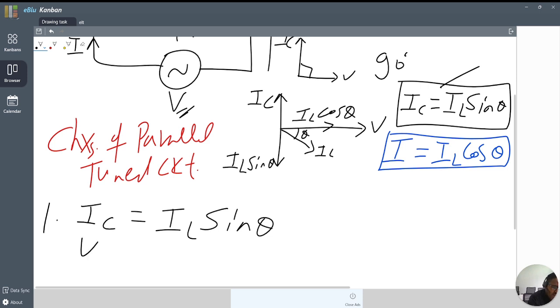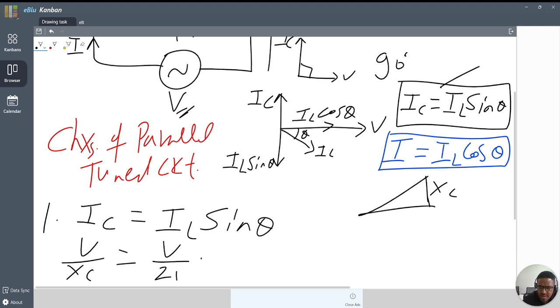IC means V over XC, equal to IL, which means V over Z1, that is the impedance of RL. Sine, from the right triangle, is XL over the hypotenuse Z1. So sine theta is opposite over hypotenuse, XL over Z1.